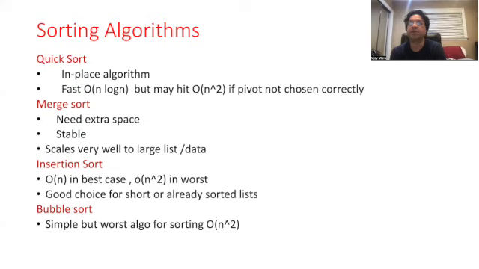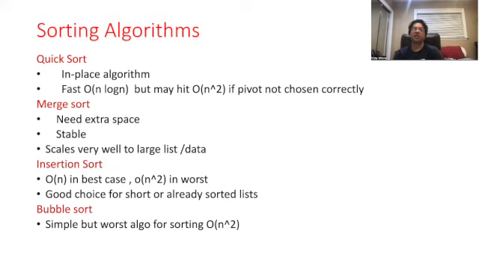Insertion sort is also one of the algorithms, but it's not very effective like merge sort or quick sort, because there's one peculiar use case where either the list is already sorted, or the list is very small.